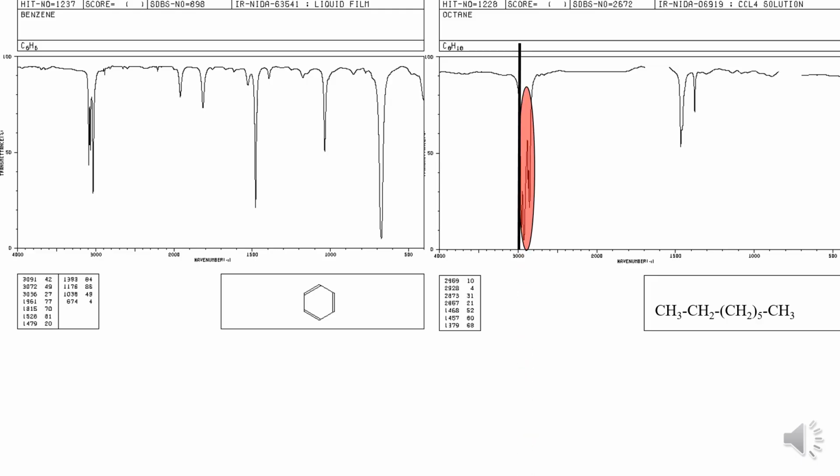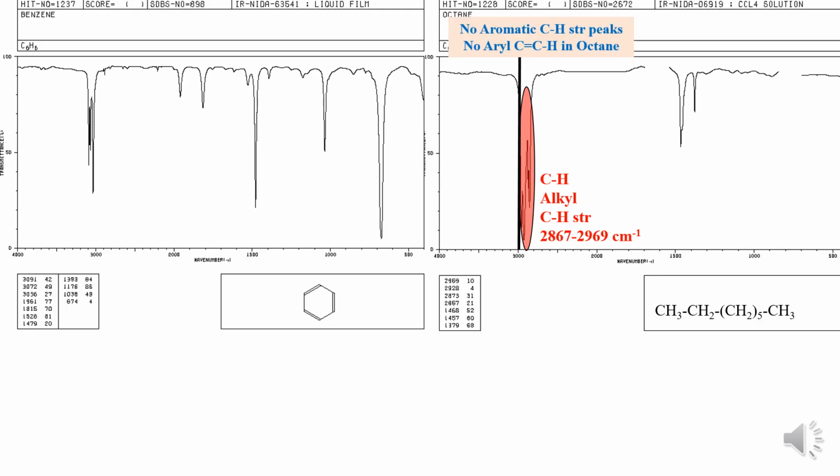So in the case of octane, you find only the aliphatic CH bonds, and hence you find the absorption peaks corresponding to CH stretch somewhere between 2867 to 2969 centimeter inverse. And in octane, there are no aromatic CH stretching peaks, as there are no aromatic CH bonds in octane.